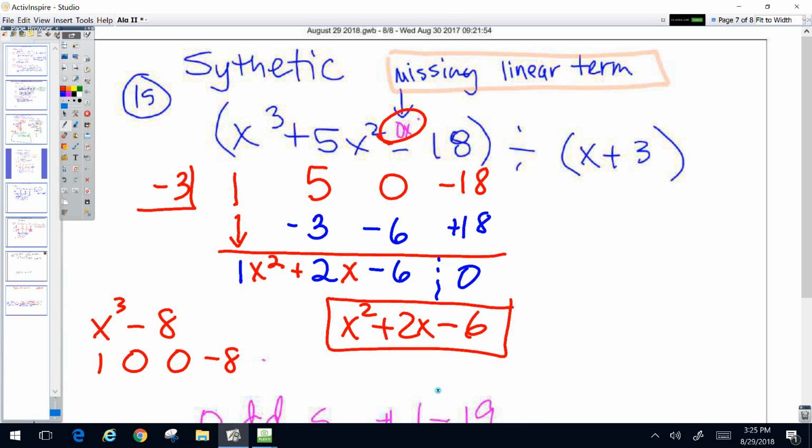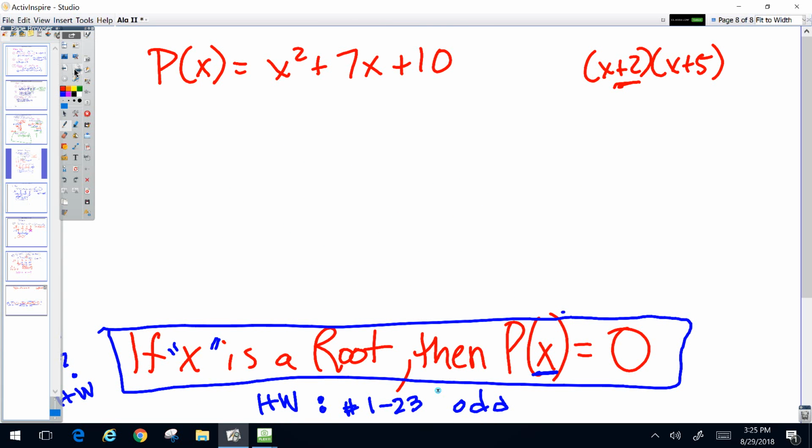Now, speaking of this no remainder telling us it's a factor, there's another way we can discover that. And to do that, I'm going to tie it back into our very first problem. This was our first problem, x squared plus 7x plus 10. We divided it by x plus 2, and we got out x plus 5.